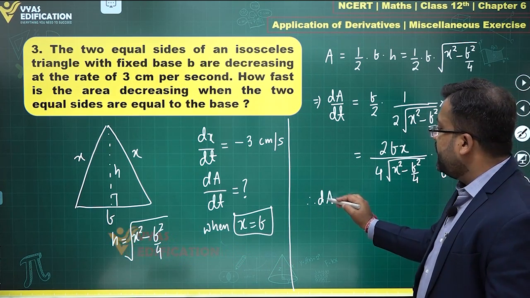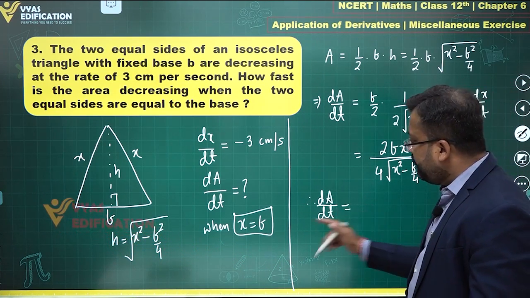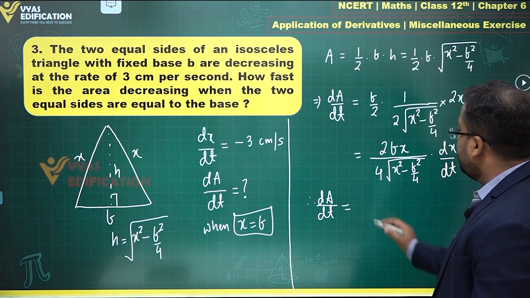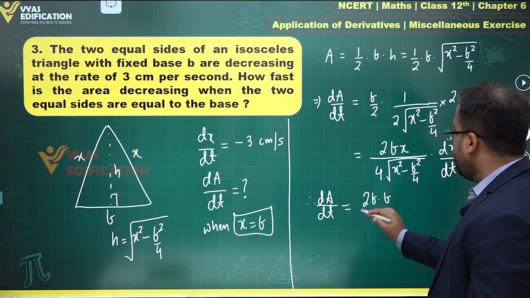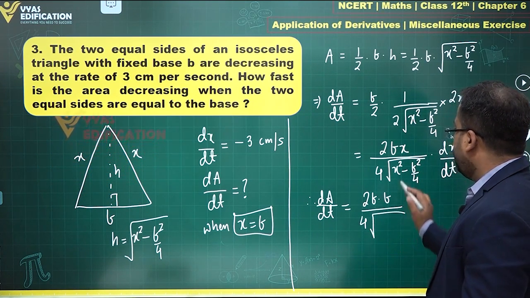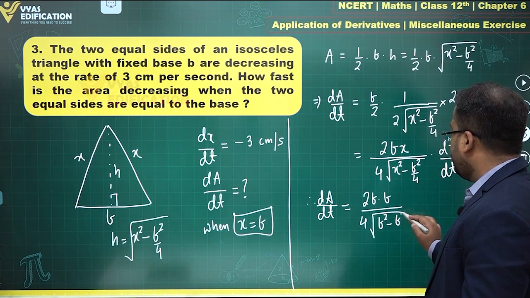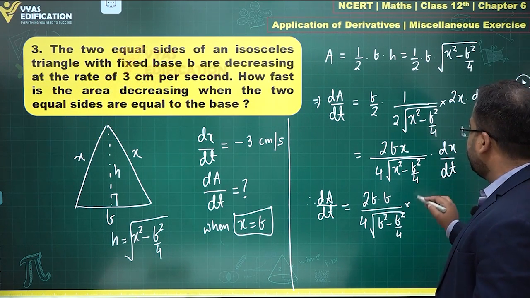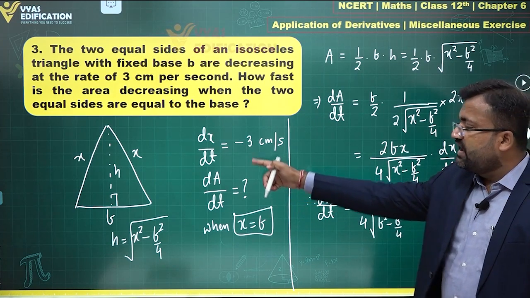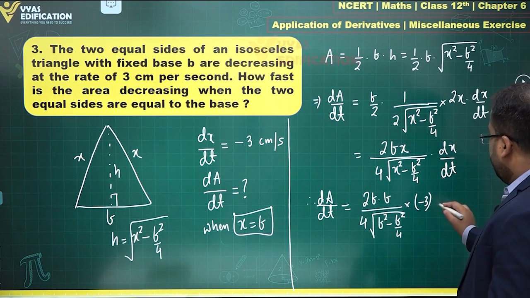Therefore, the value of dA by dt can be calculated by substituting these values. Let's do that. This is 2b times b upon 4 times under root of b square minus b square upon 4, times minus 3. You can note that this is minus 3. What will this become?